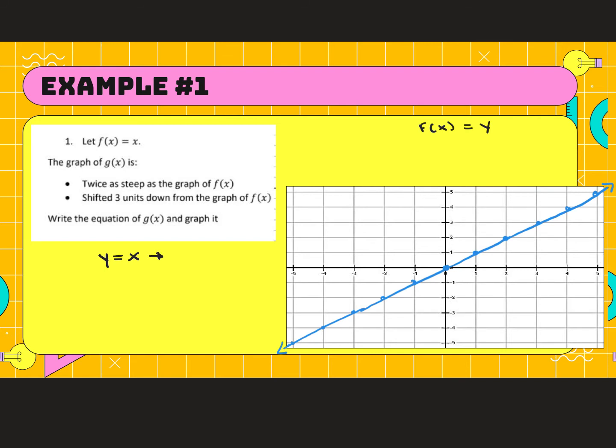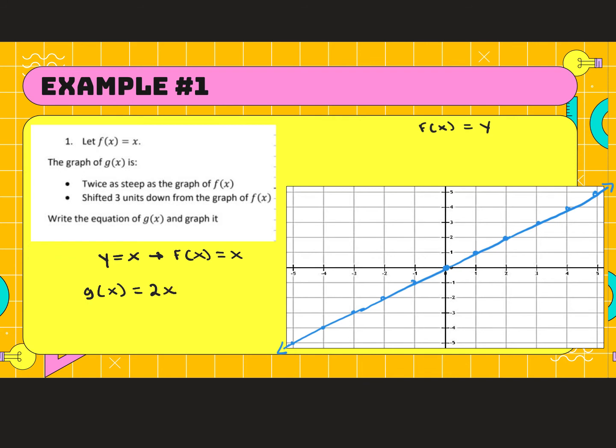So remember, again, we'll just write it like this because it says f of x is equal to x. So that is the same thing. Remember, f of x and y are the same thing. So here we see for our parent function that we have a slope of 1. So if our slope is twice as steep for our transformation, which is the function g of x, that means our slope, we're going to multiply our slope by 2. So what's 1 times 2? That gives us a slope of 2.